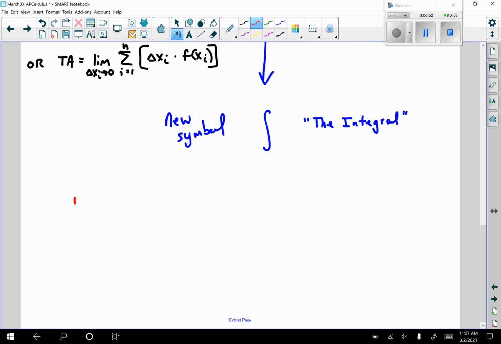So now we can say the exact total area is equal to the integral, and then we put our interval values here. So if it's over a closed interval from a to b, we say a to b this way, of f of x, that's representing the height of each rectangle, and then instead of delta x, we're going to write dx.